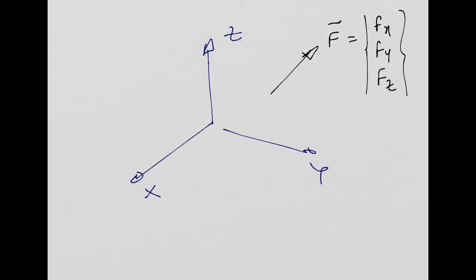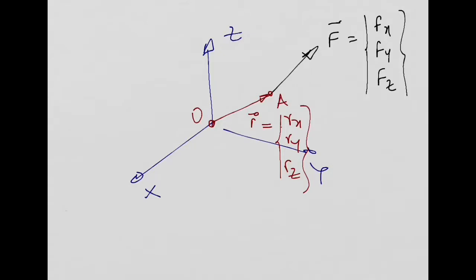If you want to calculate the moment about this point, let's say this point O, and this is point A where the force is applied, you need to define this position vector R, which is going to have a component in the x direction, y direction, z direction.